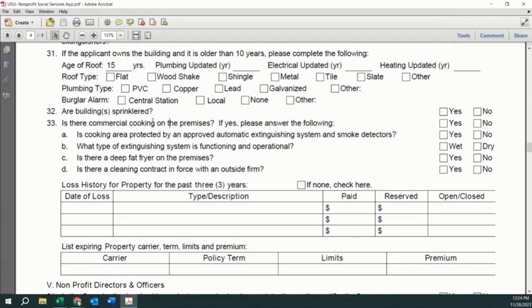We're dealing in houses and we are not required to have a sprinkler system in some cities, counties, and states. And number 32, you're just going to have to look at your codes. And this is not really an insurance question as it relates to the codes, right? The codes are whatever the codes are.